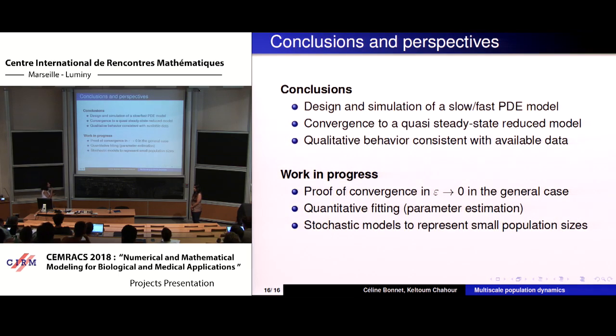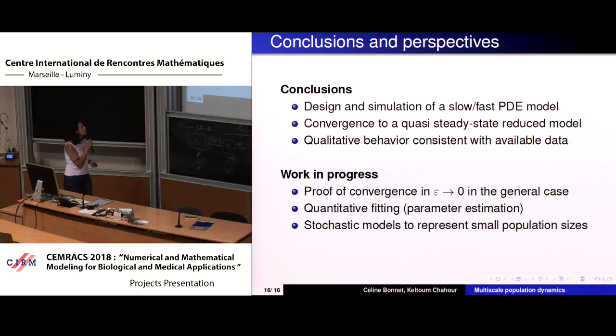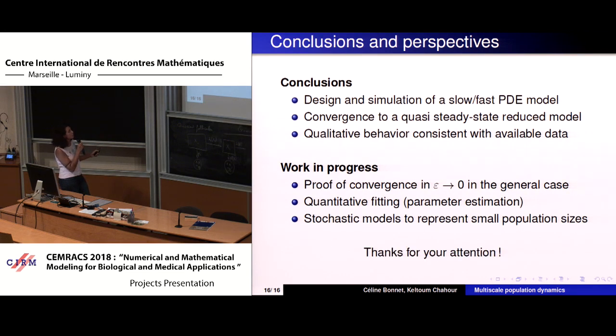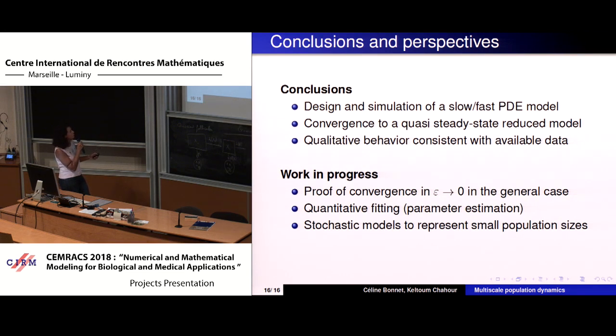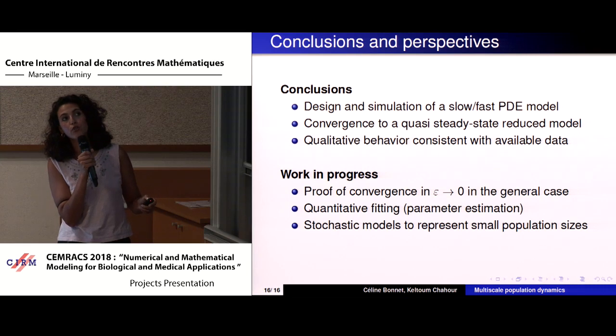So for the conclusions, what we presented here: we introduced a design and simulation of a slow-fast system based on a PDE model. We proved the convergence of this model to a quasi-steady-state reduced model.